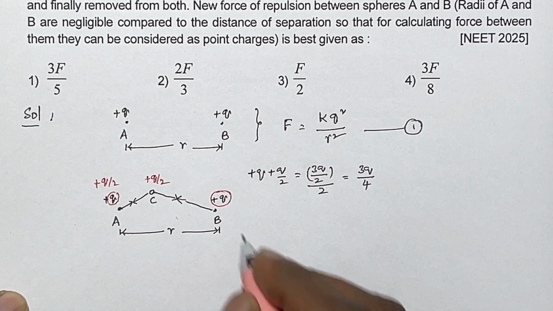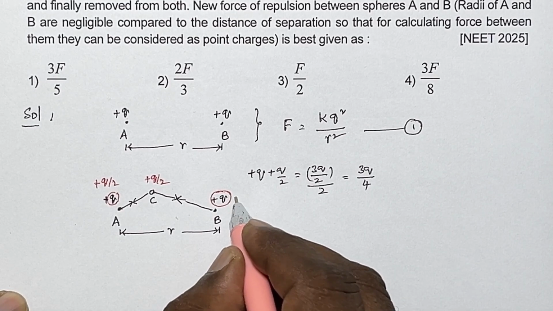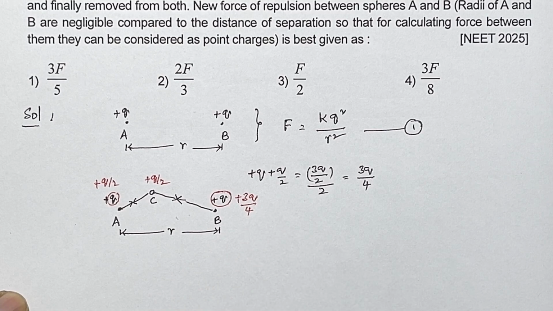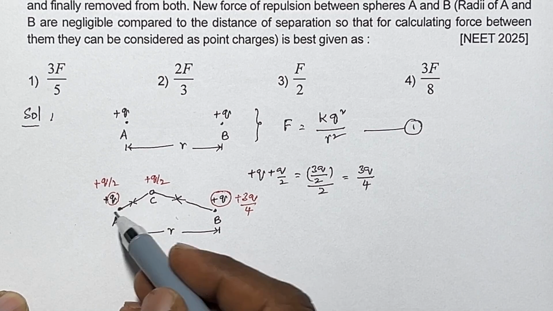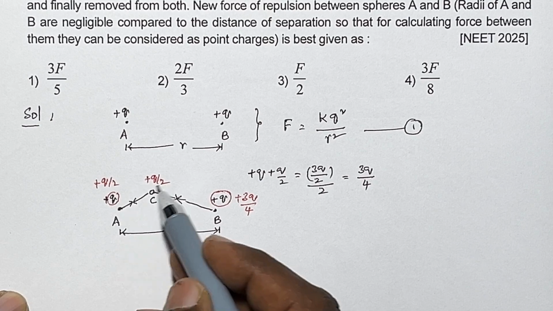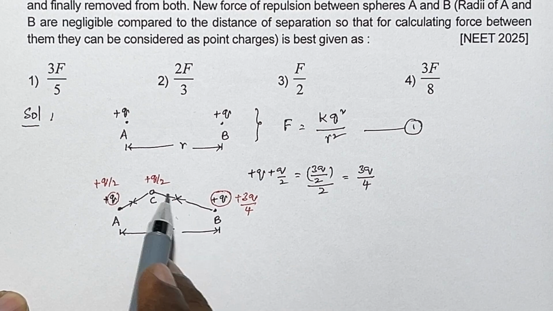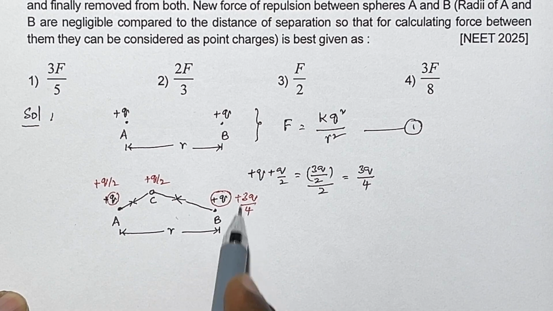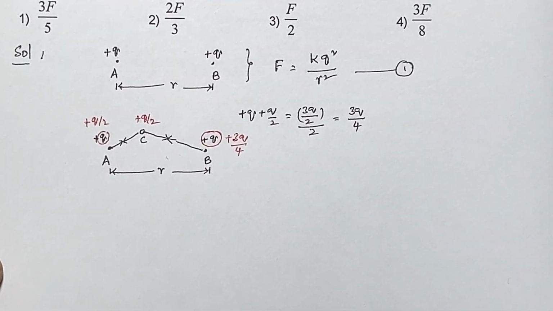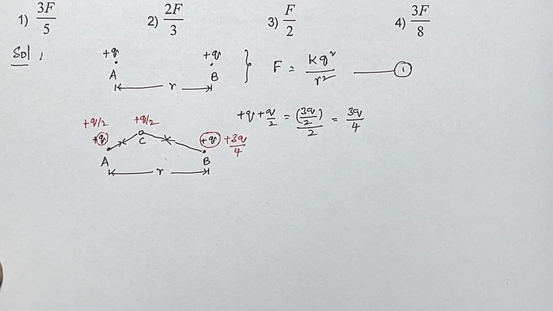So here on each of them 3Q by 4 charge will be there. These two came into contact, so the average charge will be on both of them. So finally what happened because of this?